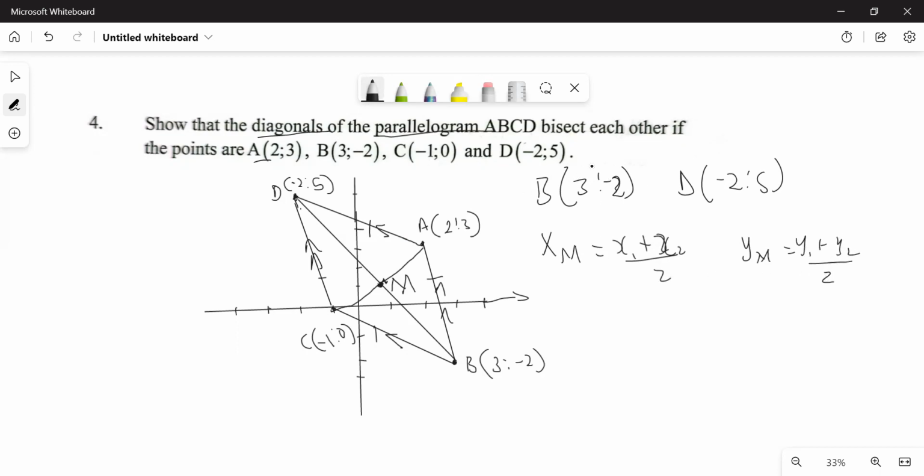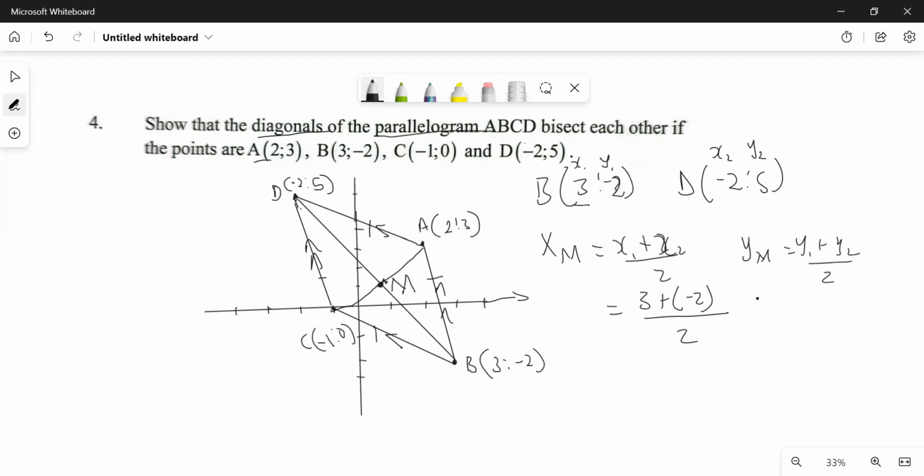Now between B and D, which one comes first so that you can name them? We'll say this one is x1, y1, and here you have x2, y2. Then our x1 is 3, so we say 3 plus minus 2 divided by 2.